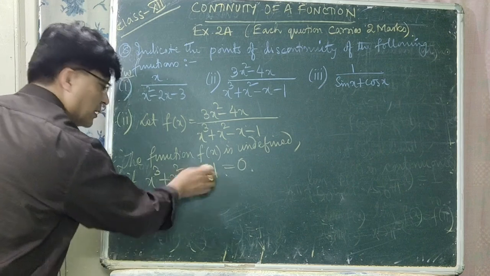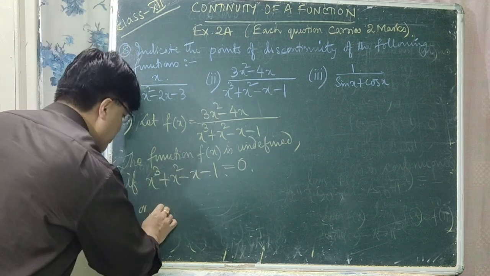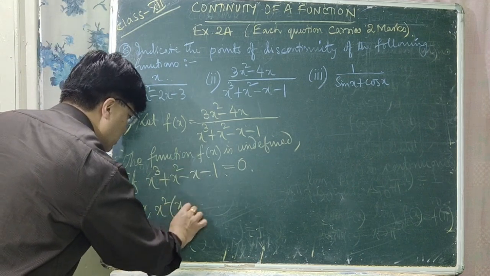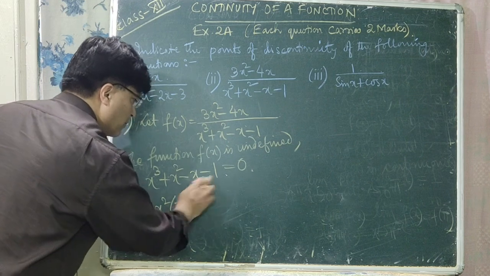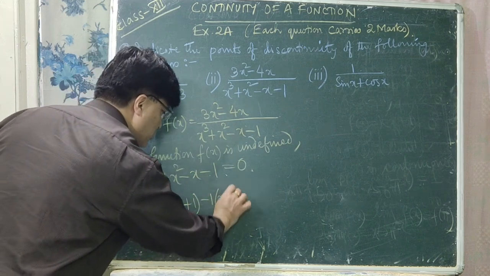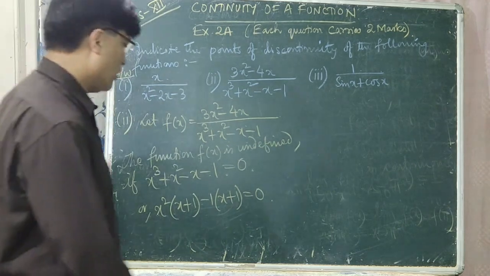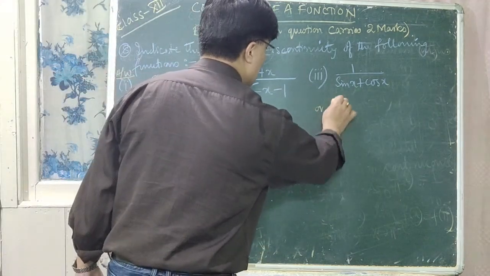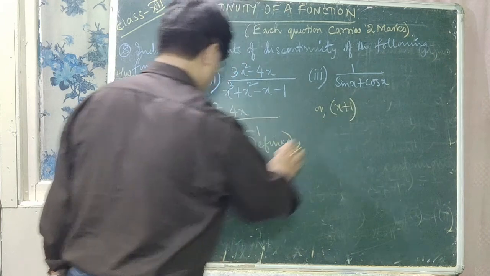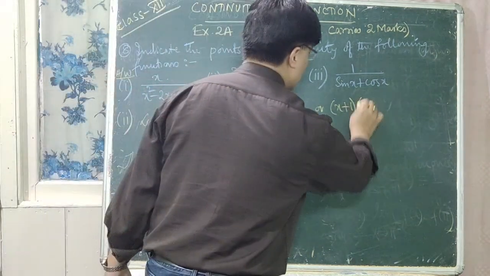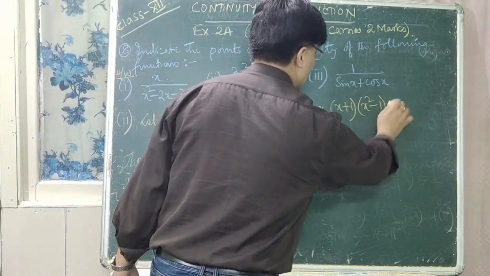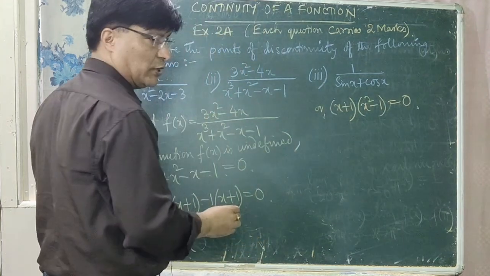Let us solve it to get the value for x. x square is common out here: x square into x plus 1. From these 2, minus 1 is common, so it is minus 1 into x plus 1, which is equal to 0. What is common now? It is x plus 1 into x square minus 1, which is equal to 0. Okay.